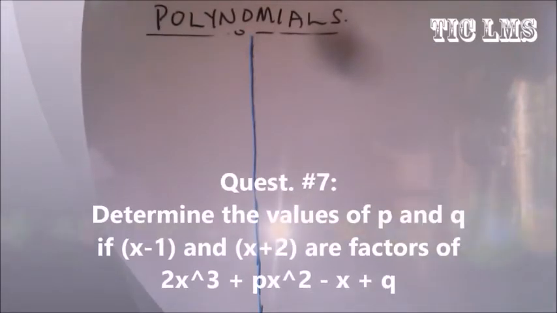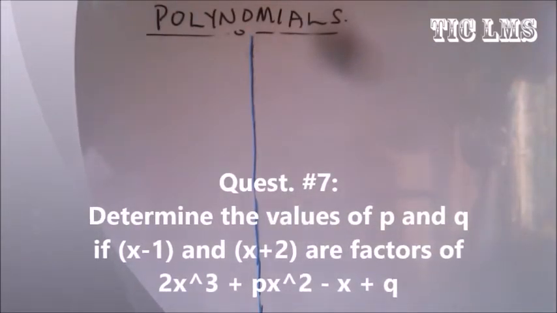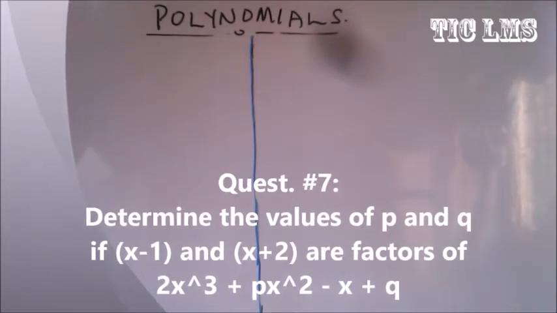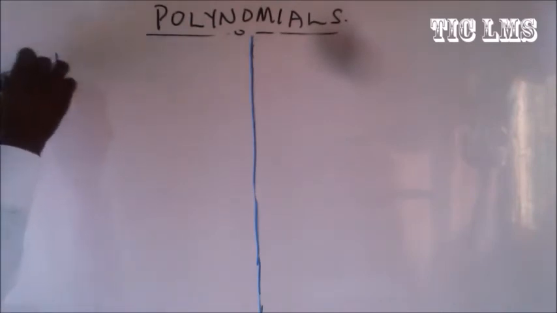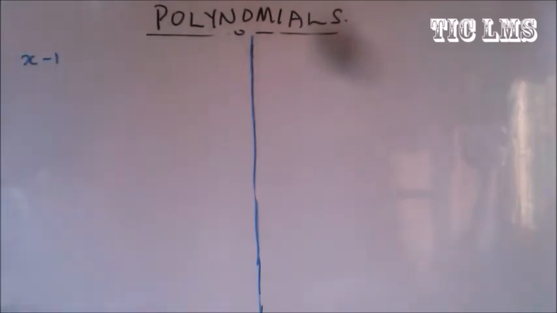Determine the values of p and q if x minus 1 and x plus 2 are factors of 2x cubed plus px squared minus x plus q. Here we have that x minus 1 is a factor, meaning that it's one of the numbers you can use to divide the equation 2x cubed plus px squared minus x plus q.